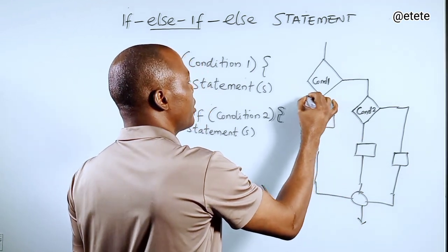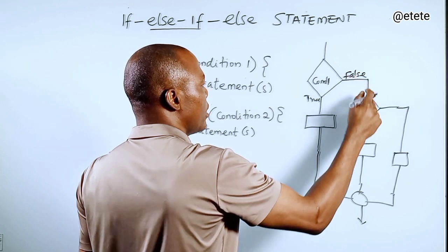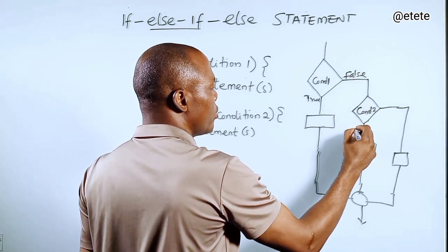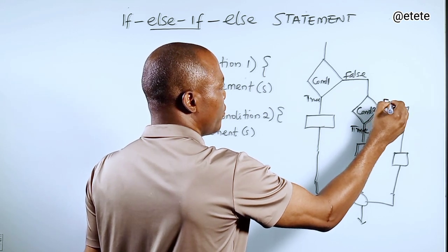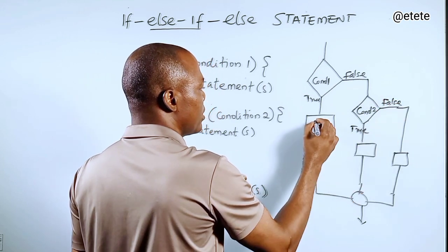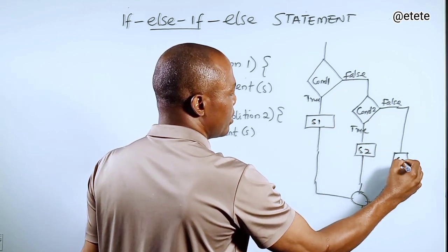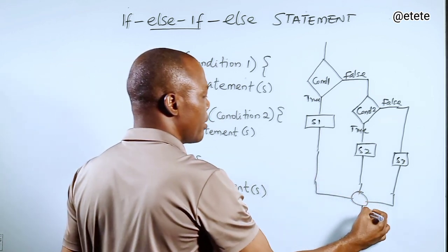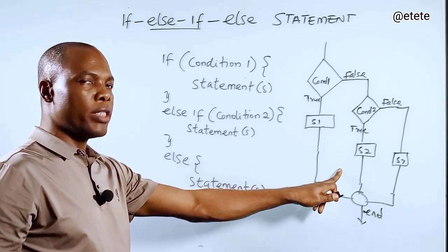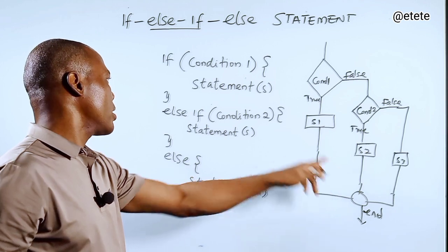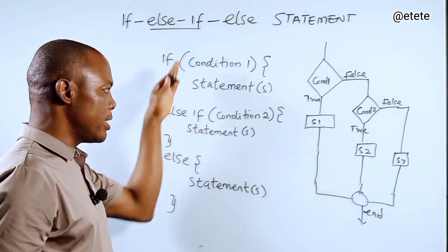If it is true, you do this. If it is false, then you carry out another if else again. This is statement 1, statement 2, statement 3, right? So this is the end. These are our flow chart for this if else if statement, and this is the syntax.